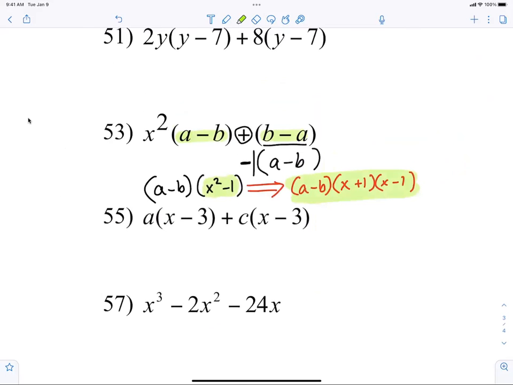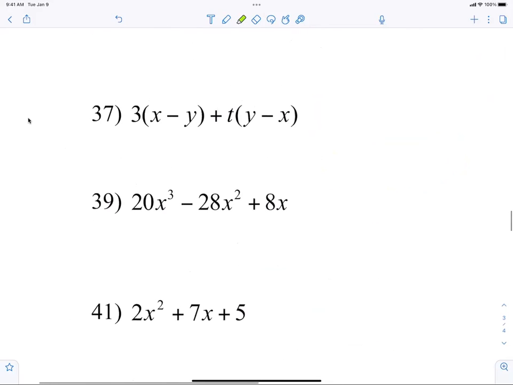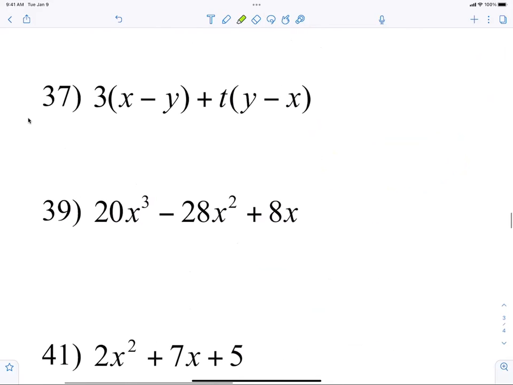Jolie, tell me 37. All right, so here we go. Oh, this was the same one. Now you should agree that y minus x is not the same as x minus y, right? So we factor out a what? That's right. Factor out a negative. So this becomes 3 times x minus y.